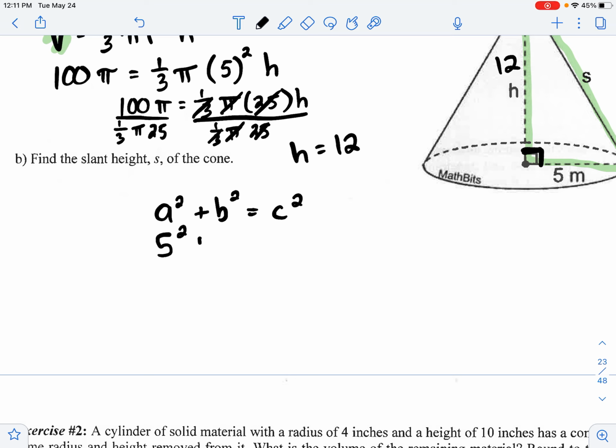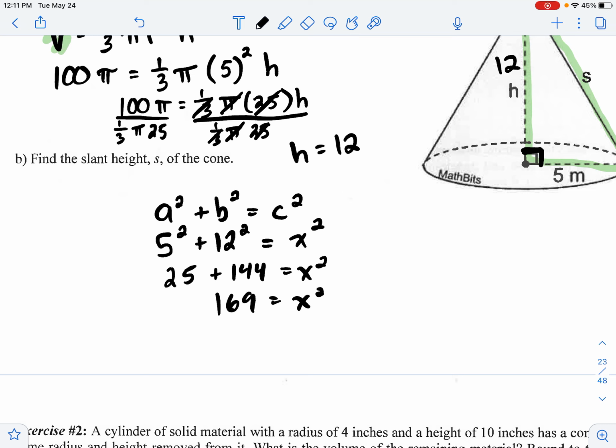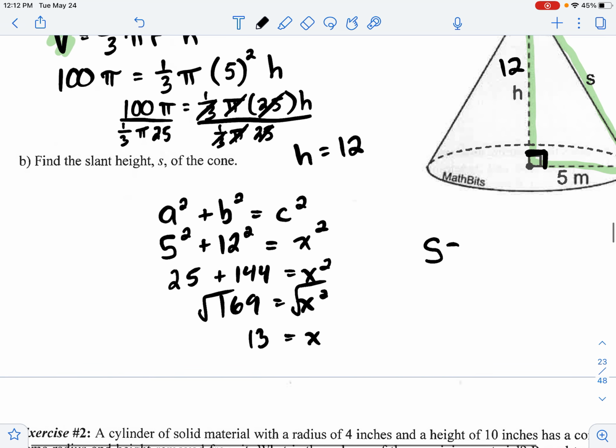So this is a Pythagorean triple, meaning that it's going to work out really nicely here. 25 plus 144 equals x squared. And square root both sides to get 13. So our slant height S is 13.